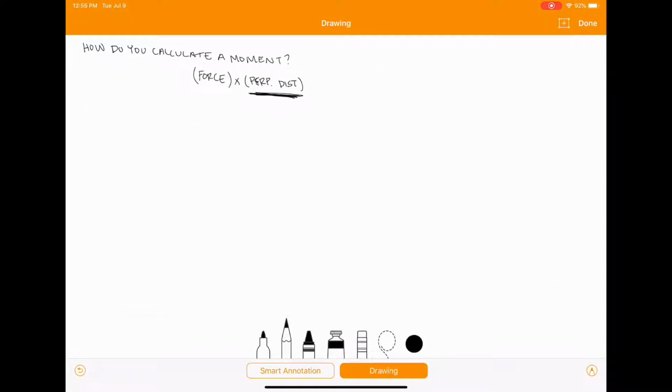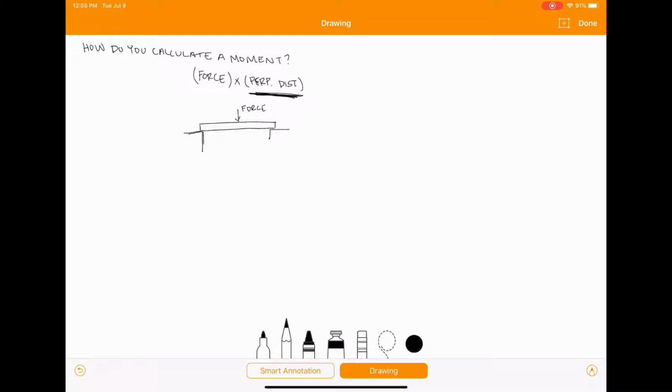For example, if we get a visual, let's just say we have a beam, and let's just say it's sitting on two walls. And there's some force acting in the middle of that beam.